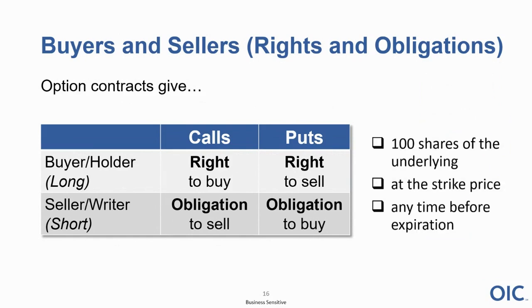The seller of the call, also known as the writer, has the obligation to deliver those shares at the strike price if they get assigned. On the puts, the opposite of calls, the buyer or holder of a put has the right to sell stock. The seller or the writer of the put has the obligation to buy those shares. So again, not to beat a dead horse, but buyers have rights, sellers have obligations.